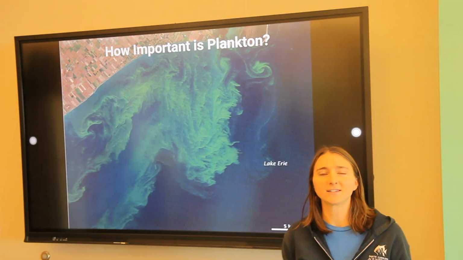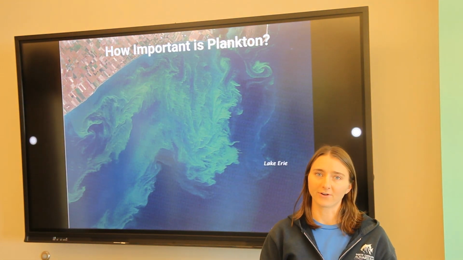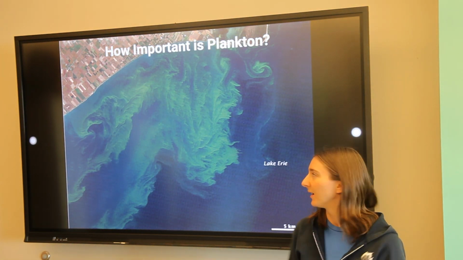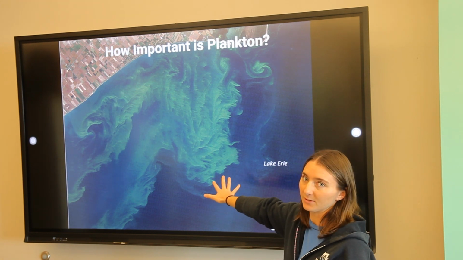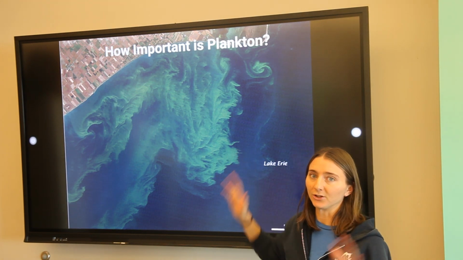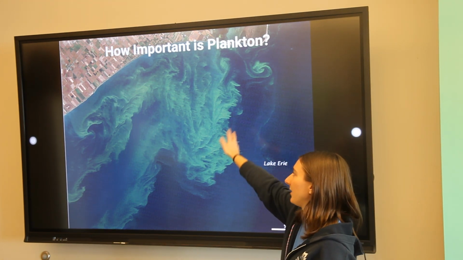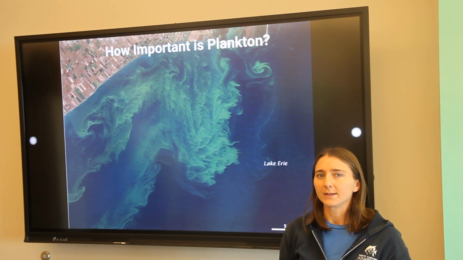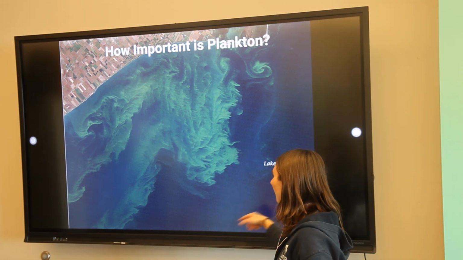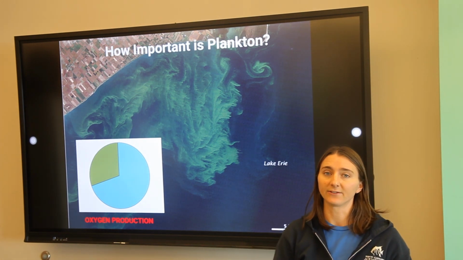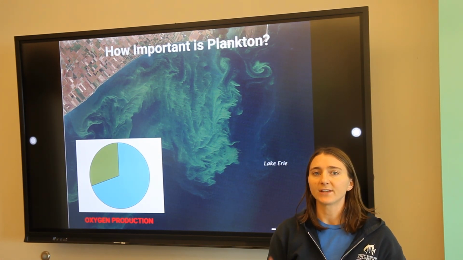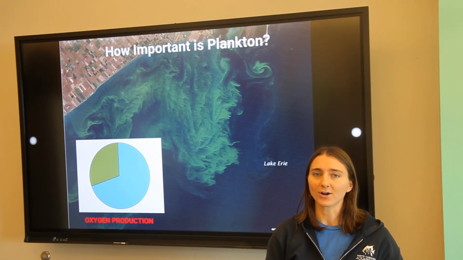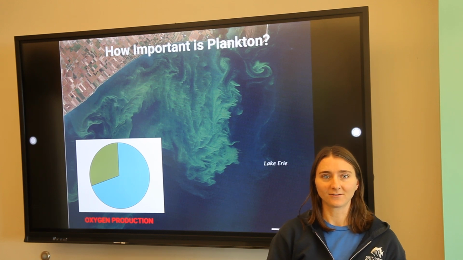So why would these teeny tiny plants be good for us? Why would they be important? This is a picture of a plankton bloom, like if you were in an airplane looking down at the water. You can kind of see the green swirls everywhere. So why would these small plants be important? One reason is because plants give us oxygen, and over 70% of the oxygen on Earth comes from phytoplankton.